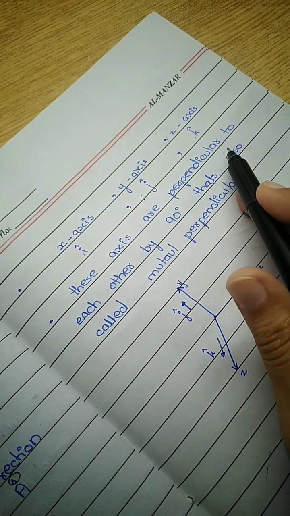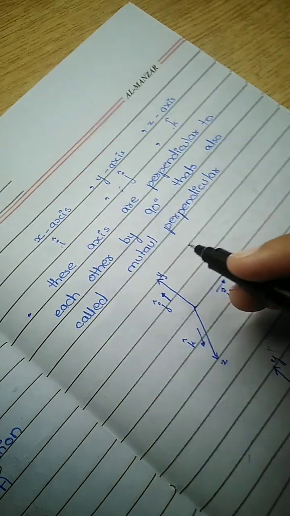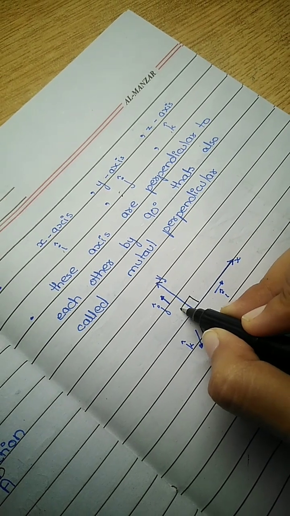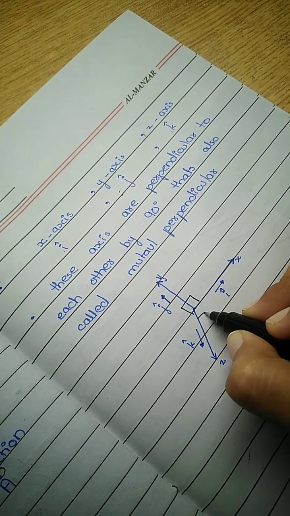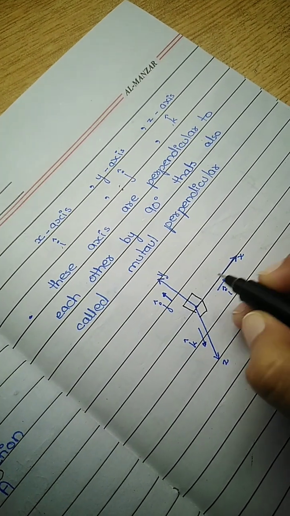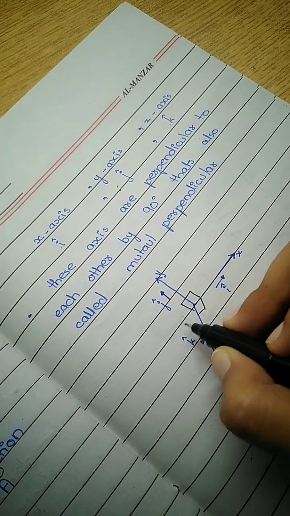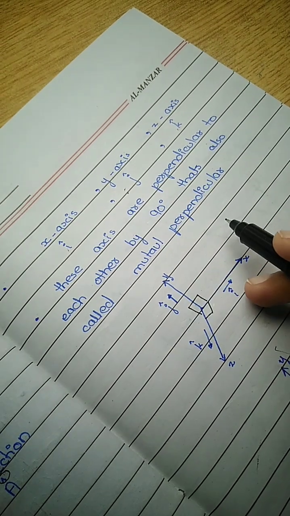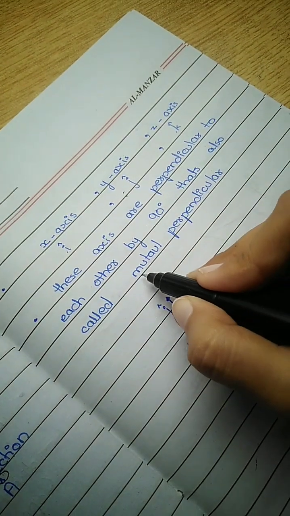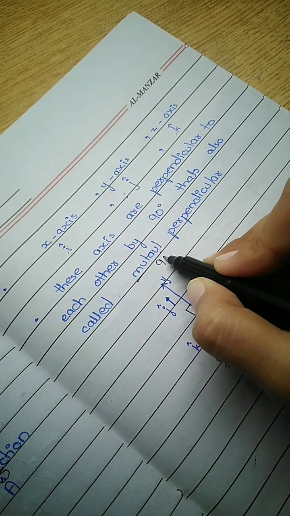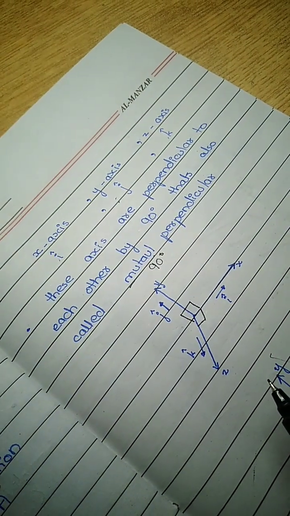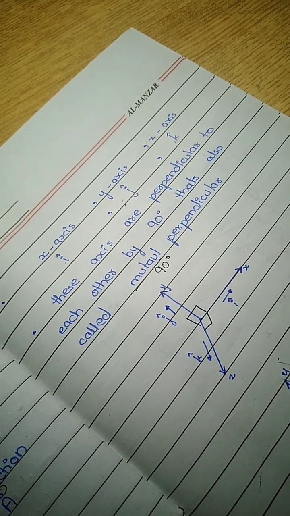These axes are perpendicular to each other at 90 degrees. As it is shown, this is 90, this is 90 and this is also 90. These types of perpendiculars are called mutual perpendiculars. Mutual means, in the unit vector, 90 degrees.